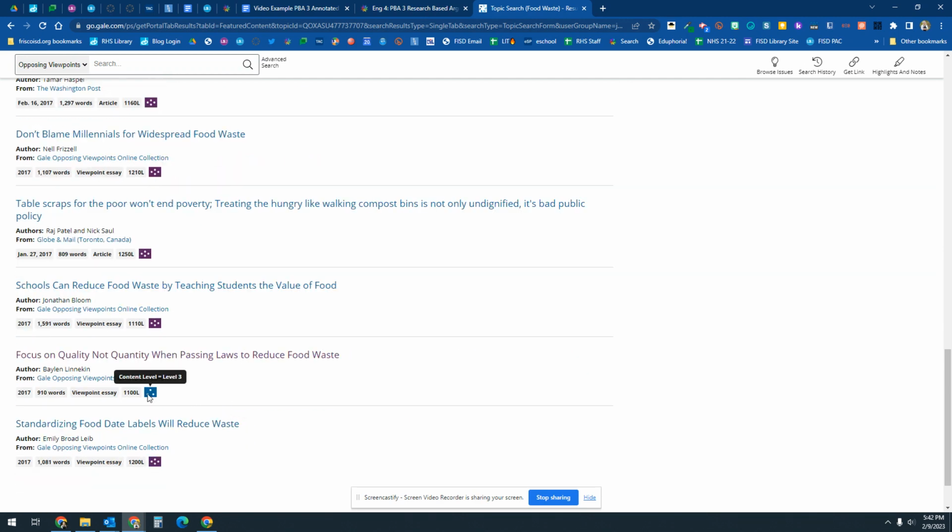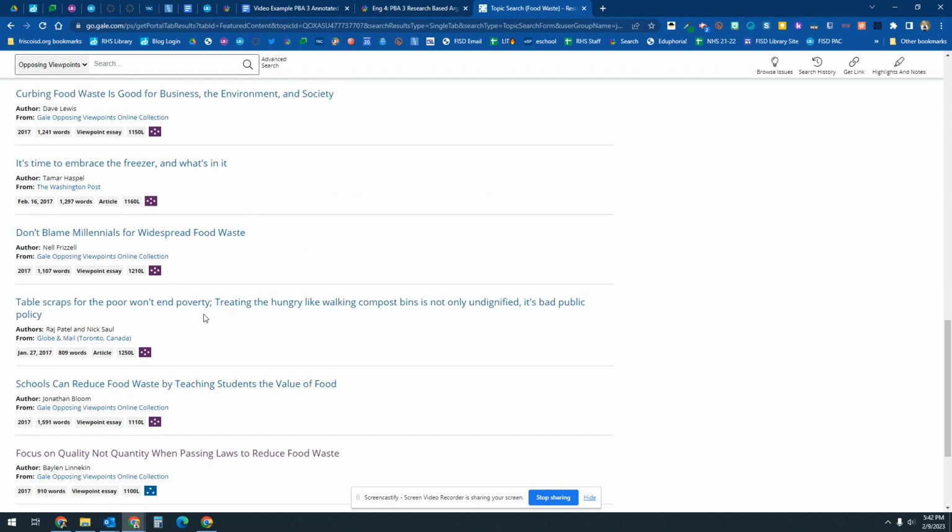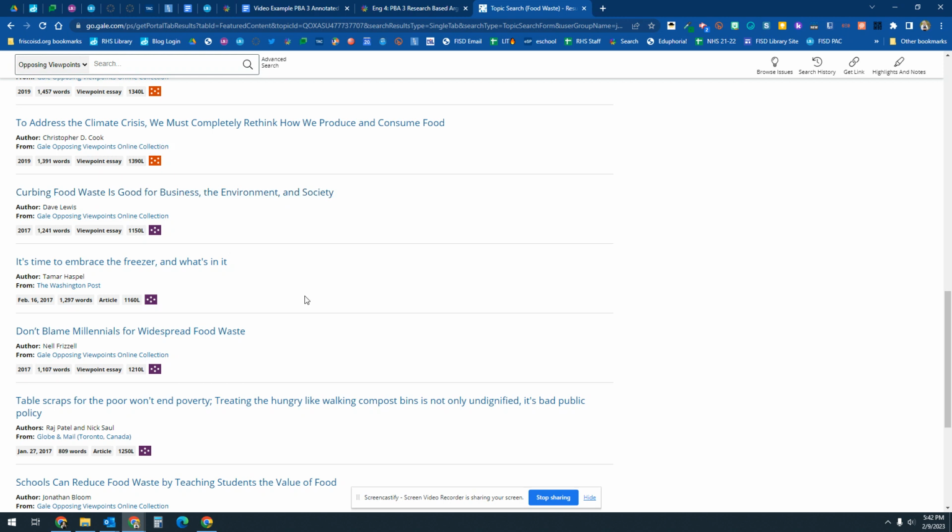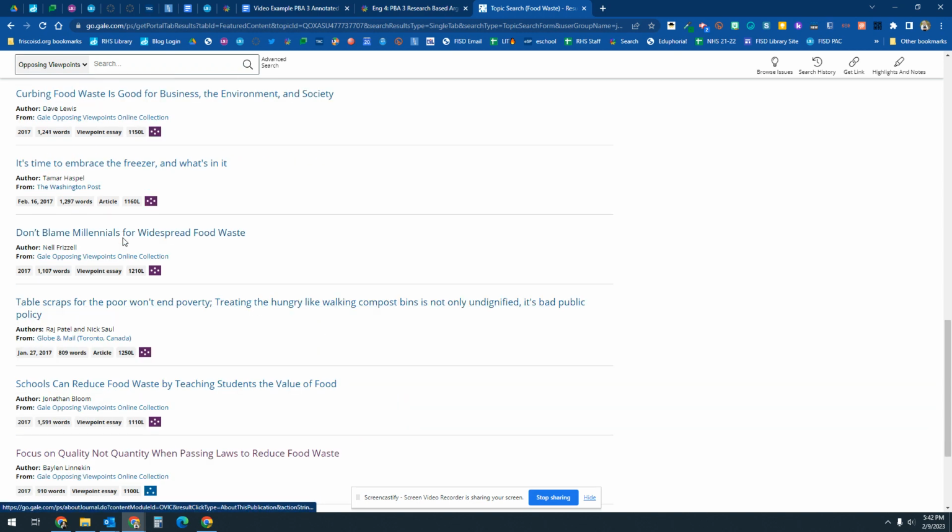Okay. So these little color things indicate too. So this is a level 3 content level. This is a level 4. This is a level 5. That just means that the content level is going to be more dense. It's going to be more technical in language, that sort of thing.